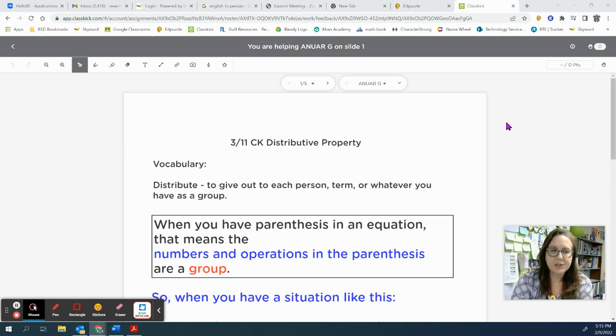So what I would like you to do is have this video on one side of your screen and the class kick that goes over this on the other side. I would like you to pause where you need to pause and try the problems on your own. This is your instruction on the distributive property.